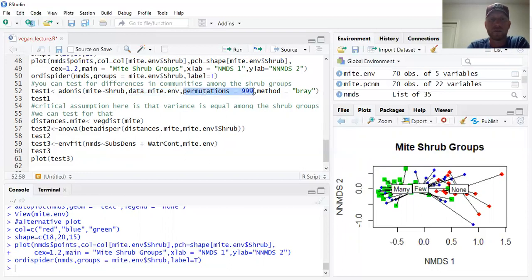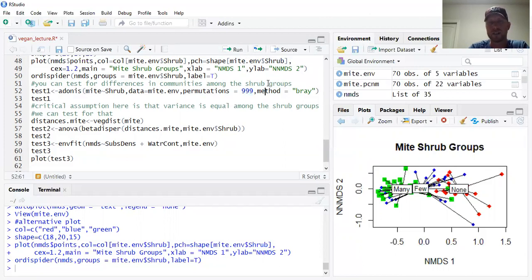It does this through a permutation test. So that's the permuted multivariate analysis of variance, where it's repeating the test, in this case, 999 times, and then looking for emergence of a significant signal from those permutations. Most of the time, 999 is what's done.